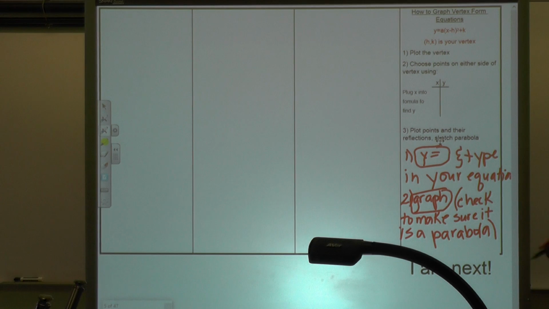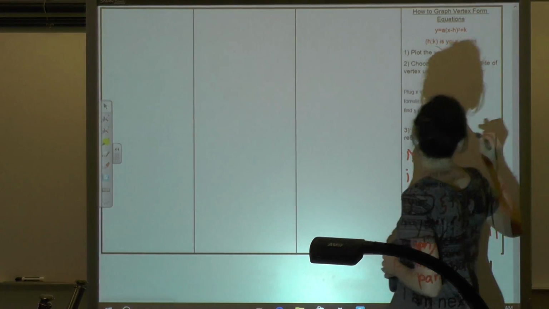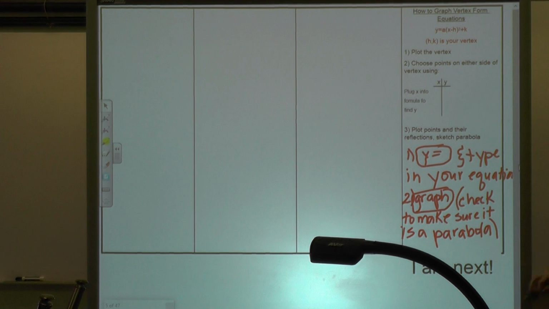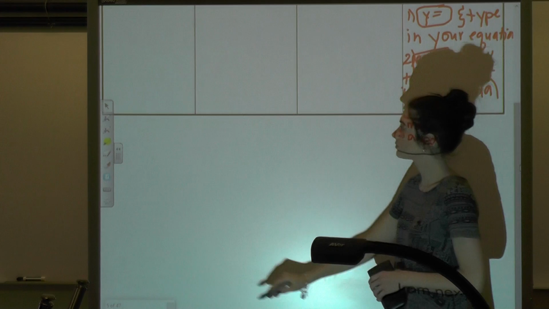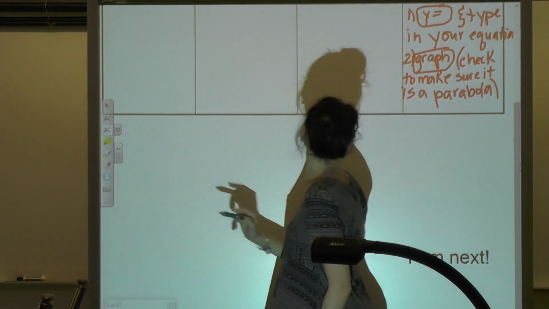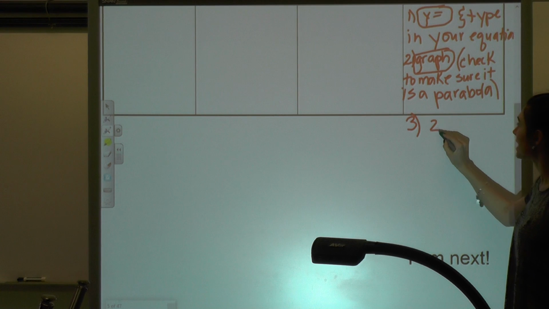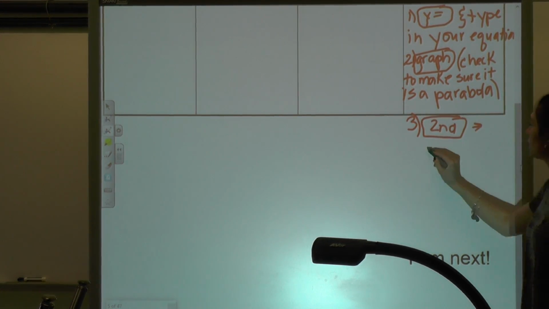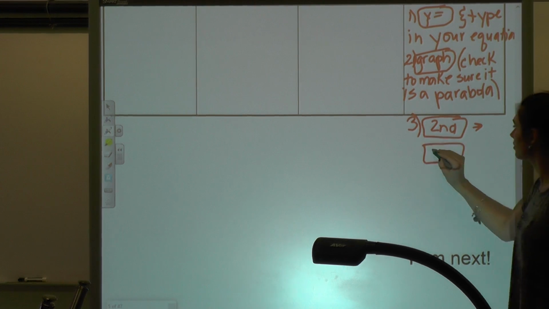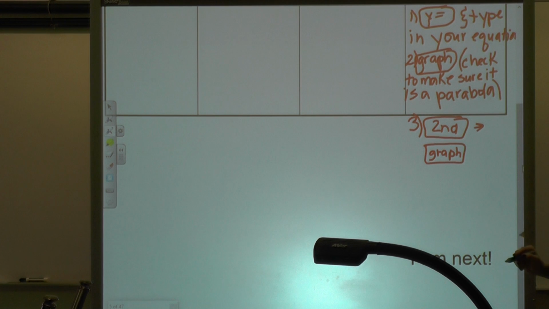Then you're going to hit second. So your third step is to hit second, then you're going to hit graph. That is going to put you in your table.